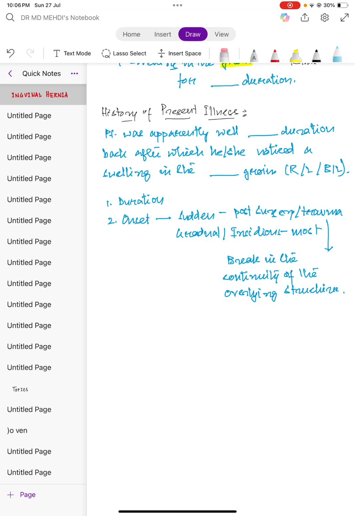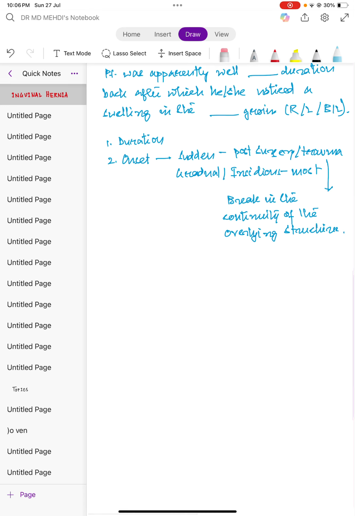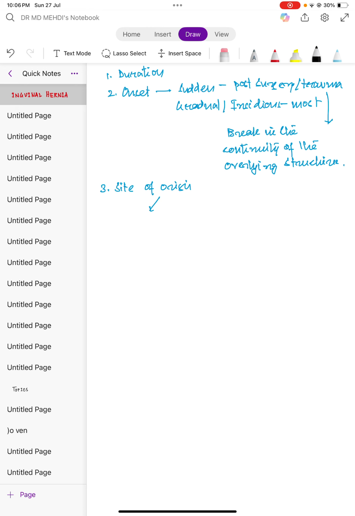Okay. After that you have to mention the site of origin, from where it started. For example, suppose this is the right side of the patient, this is the inguinal region and this is the scrotum of the patient.